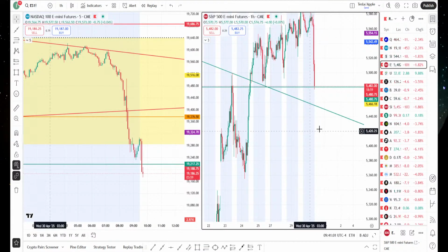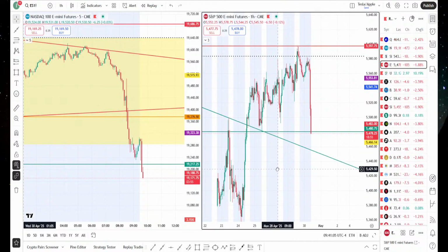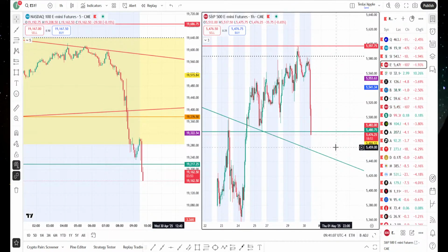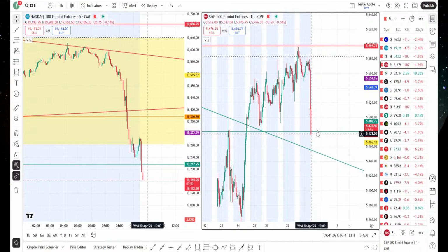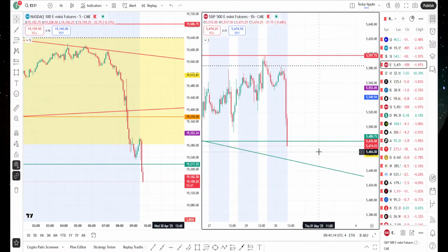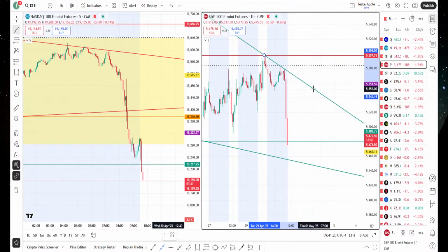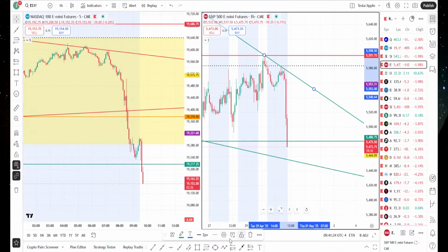If we were down here, I would look at it as possible resistance. Okay, so like that. And we also have one line here that could be resistance in the future.